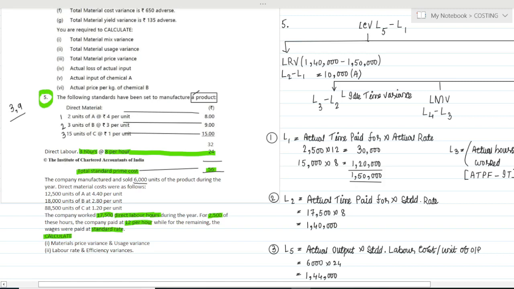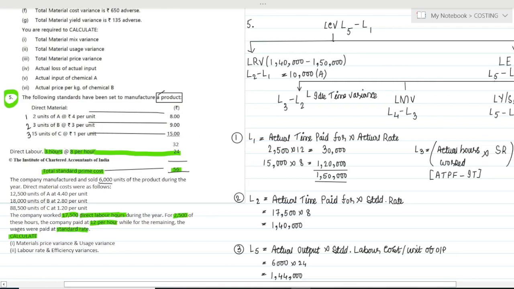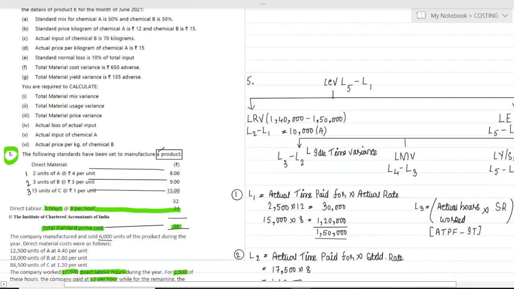But in labor variance there are only two requirements. Labor cost variance, labor rate variance, labor efficiency variance, labor idle time variance, labor mix variance, labor yield or sub usage variance, sub efficiency variance.